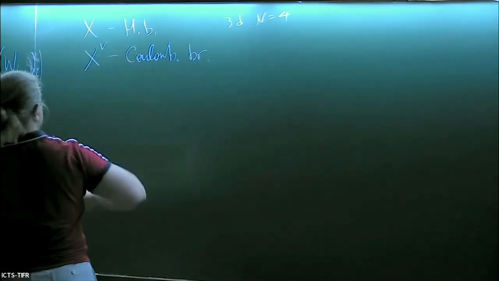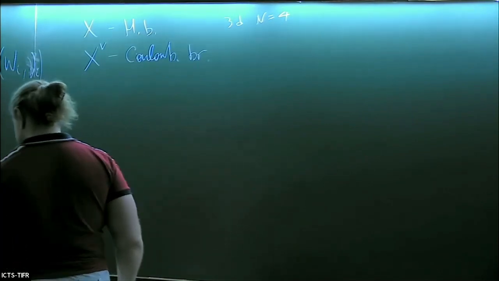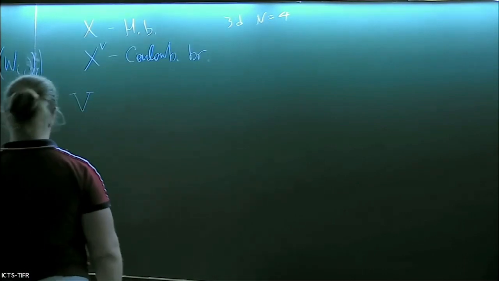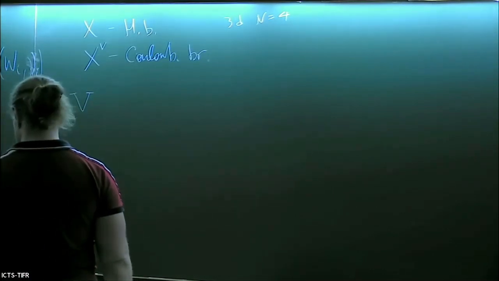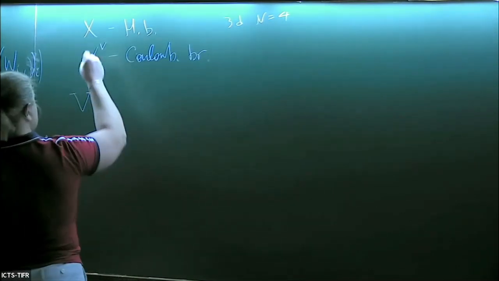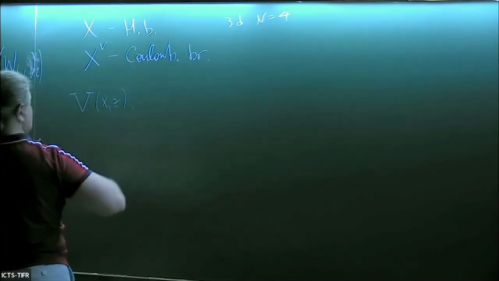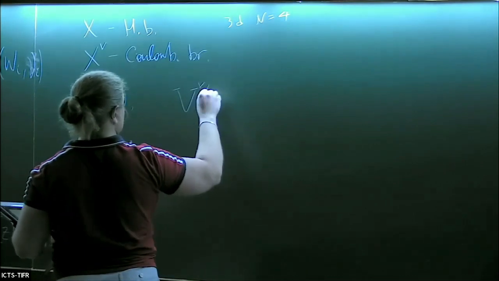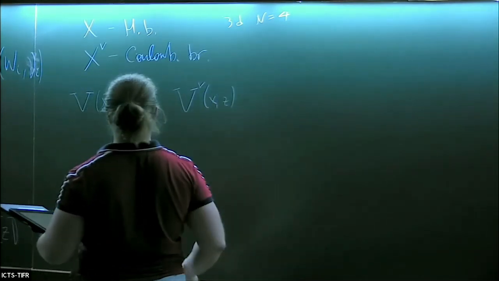So suppose we have these two symplectic dual spaces, and we can consider the vertex function of X, and whatever it means, the vertex function of the dual space.